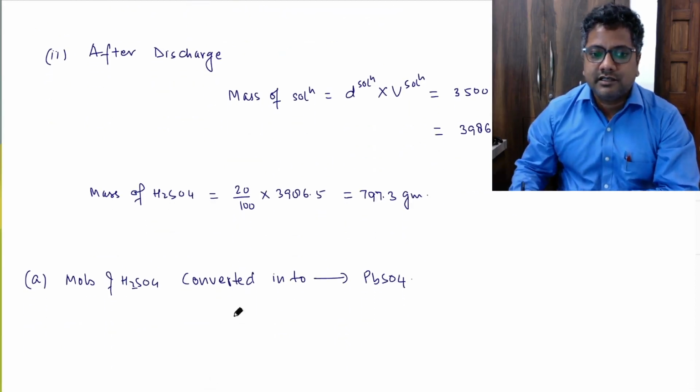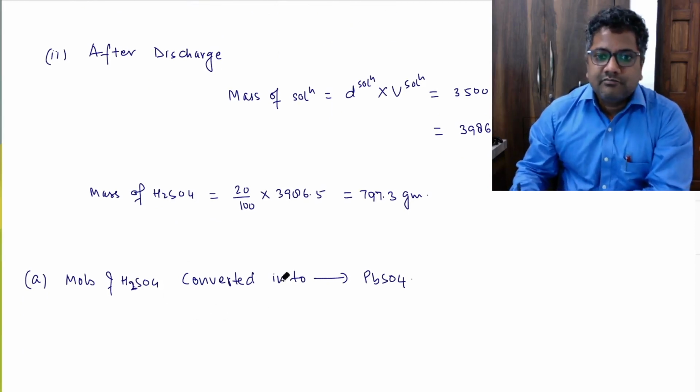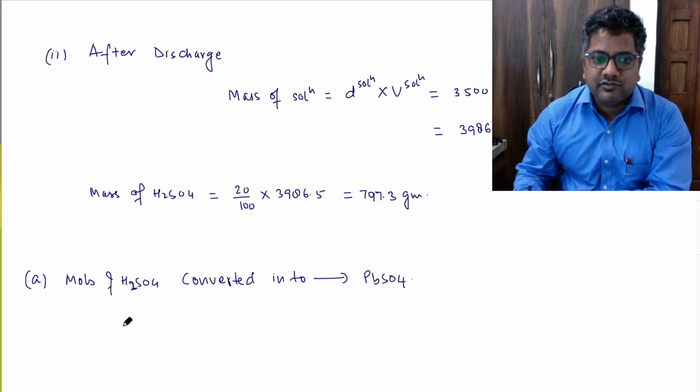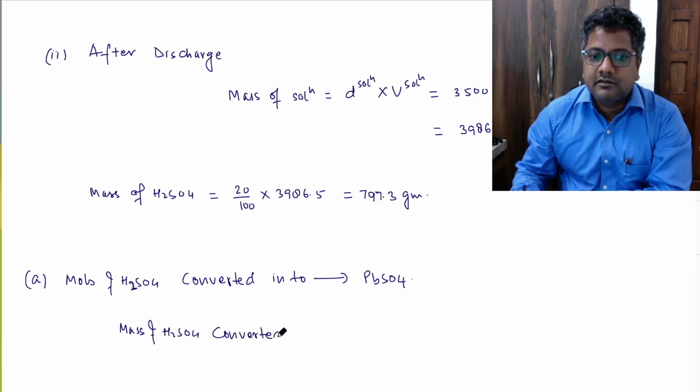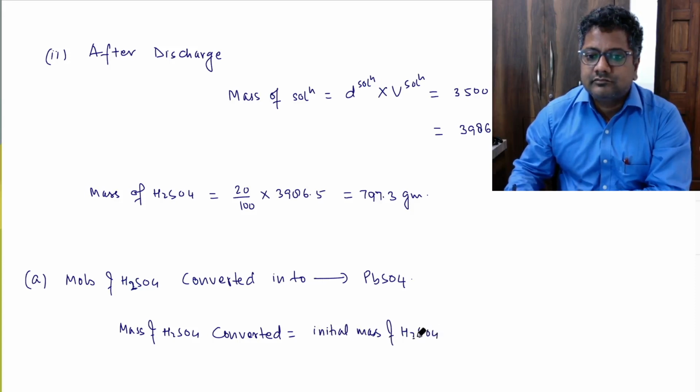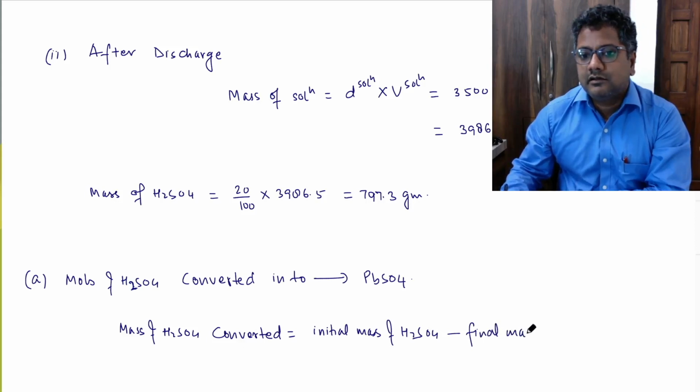So the mass of H2SO4 converted is equal to the initial mass of H2SO4 minus the final mass of H2SO4.